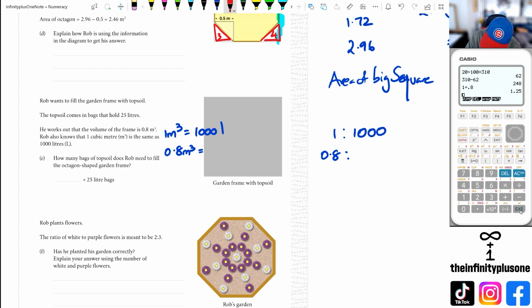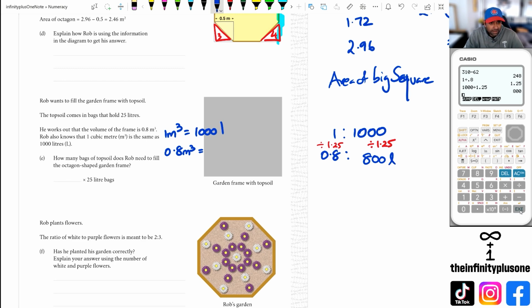That means I need to divide 1 by 1.25 to get to 0.8, so I've got to do the same thing on the other side. 1,000 divided by 1.25 is going to give me 800 liters. So I am going to need 800 liters of topsoil.